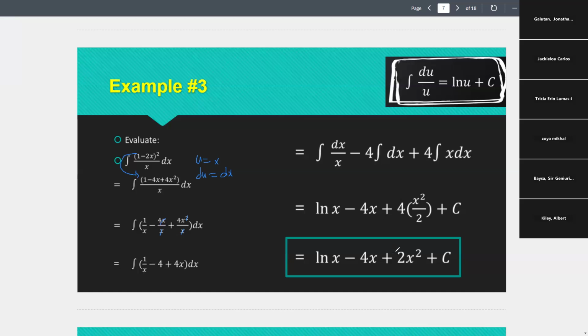Then, just simplify your answer. Okay, this is still the same. Still the same. And then, this one will become 2. Then, cancel nyo lang to. Retaining our 2x squared and then plus c. Nakasunod, nakuha naman yung example number 3 natin.